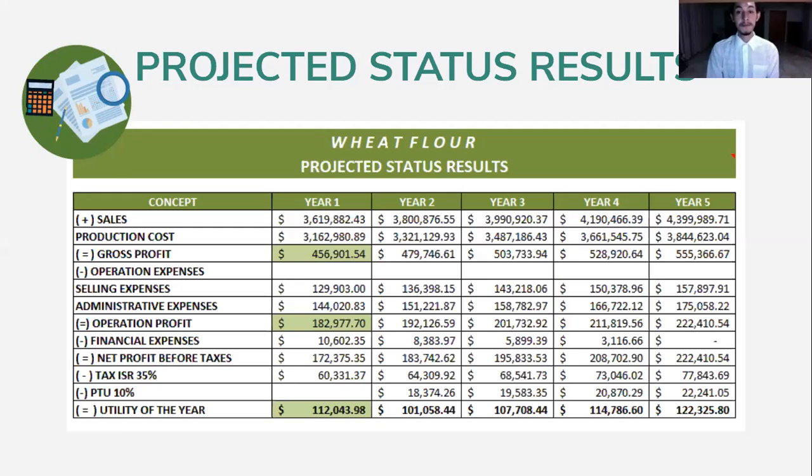But we also need to take away the selling expenses and administrative expenses to get the operation profit. Since we are working in the Mexican system, we have to consider the taxes. So the utility for year one is going to be 112,043. This is an exercise that is going to be carried out over a period of 5 years.